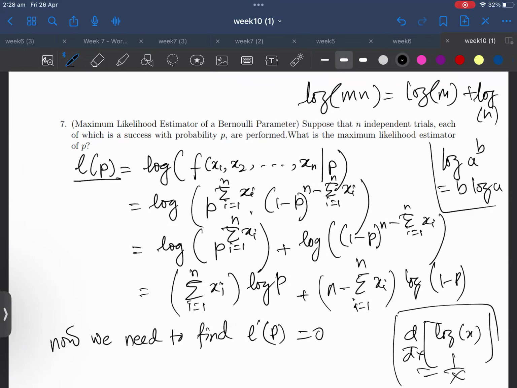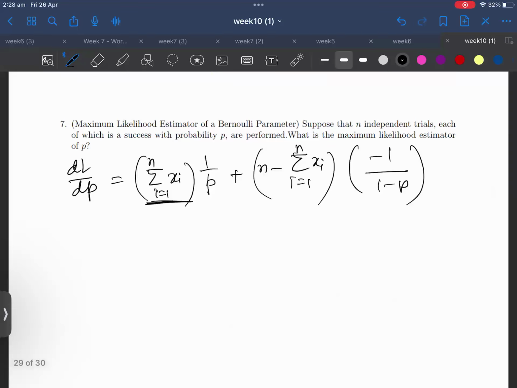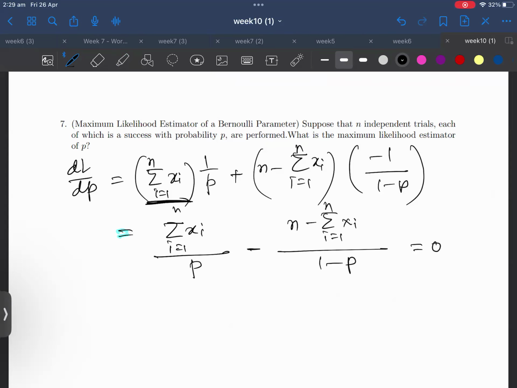Remember that. So same thing we did here. This is a constant. We are dealing with this part, this side and that side. Okay, so now finally we have summation of xi over p minus n minus summation of xi over 1 minus p equal to 0.